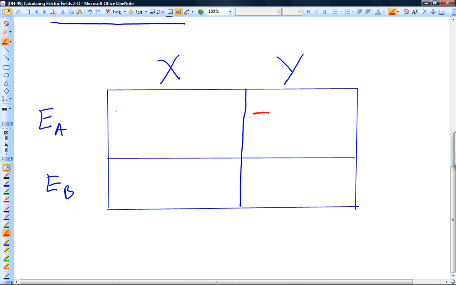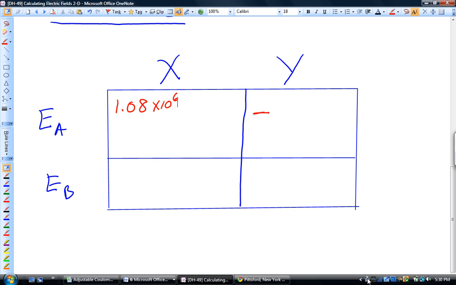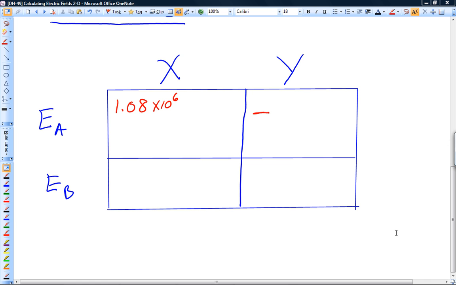So when I plug that in, that's going to be 1.08 is the magnitude times 10 to the 6th. Well, let me make sure I'm giving you guys the right numbers. I am. Newtons per coulomb. Times, we've got to take the cosine of the reference angle, 53.1 degrees.